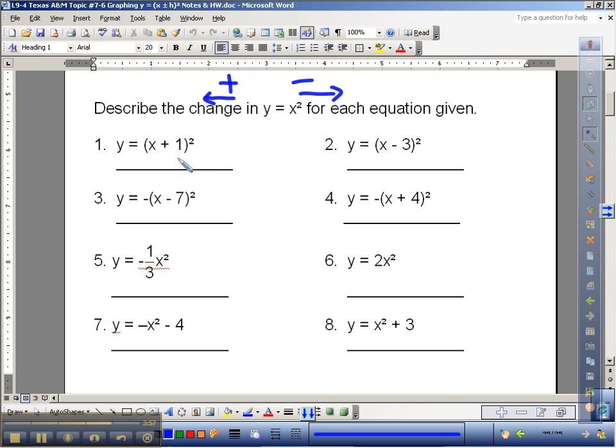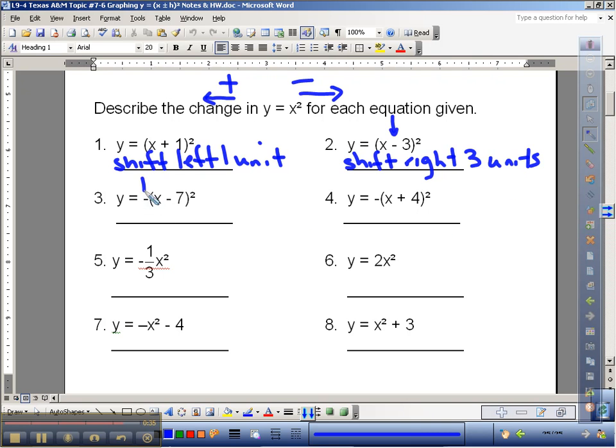So right here, the change we'd expect, shift that way, shift left 1 unit. This one right here, because it's negative, that one's going to go right. Shift right 3 units.